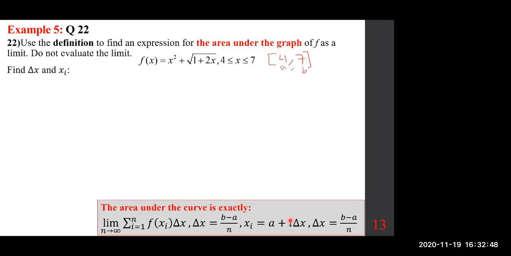Okay, so with that being the case, let's do that. So this is 3 over n, and x sub i is a plus i delta x. A starts with number 4. So 4 plus i times delta x, which is 3 over n, and we get 4 plus 3i over n.